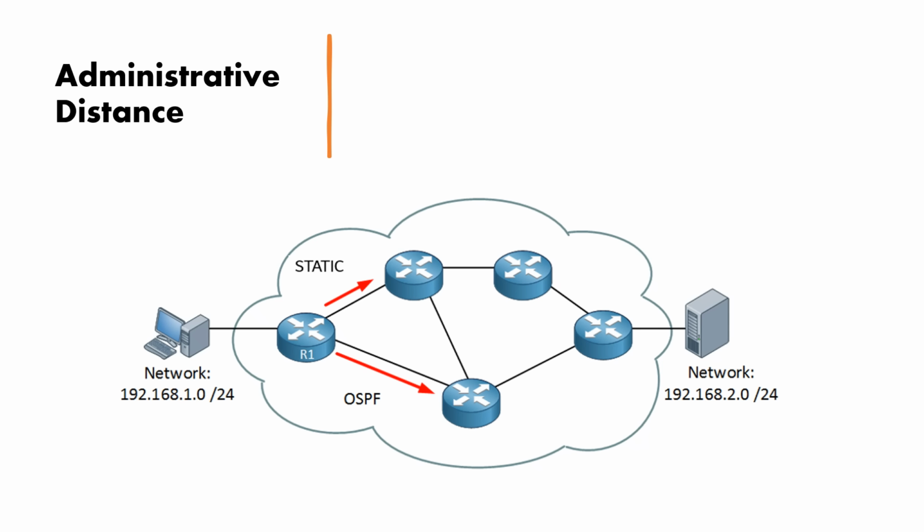Suppose my destination network, 192.168.2.0, can be reached both using a static route and a dynamic routing protocol like OSPF. So you can see, as shown in Google Maps earlier, I have two paths available. Which route will be added to the routing table when the router receives advertisement from both routing sources for a route to 192.168.2.0?